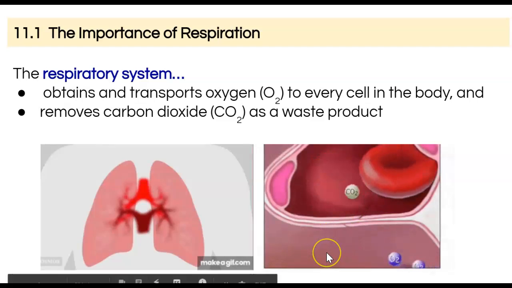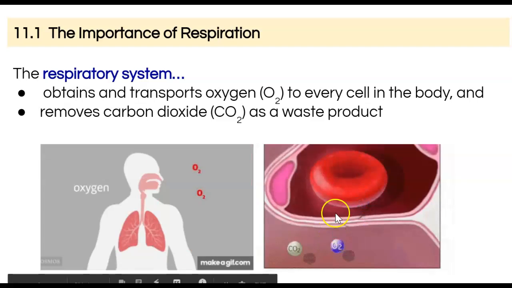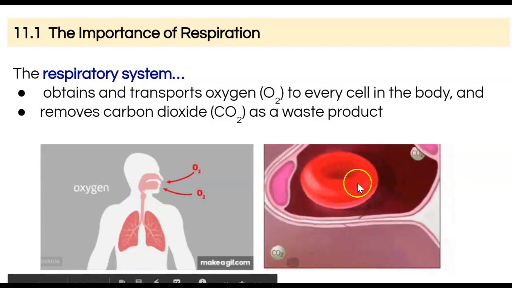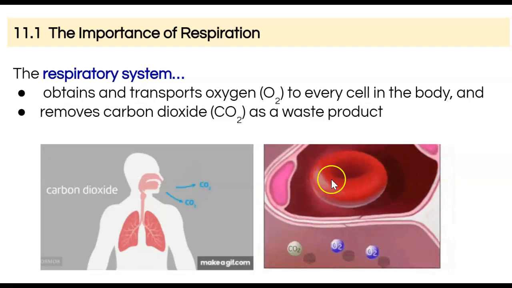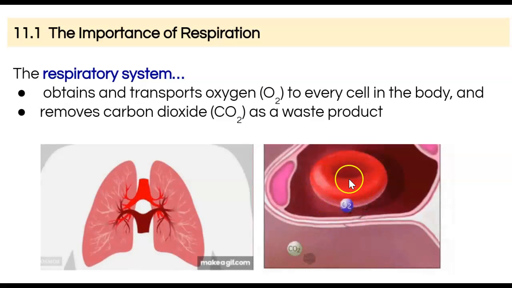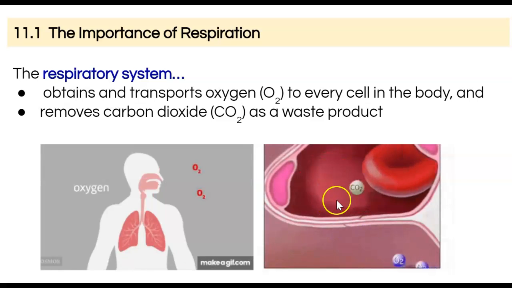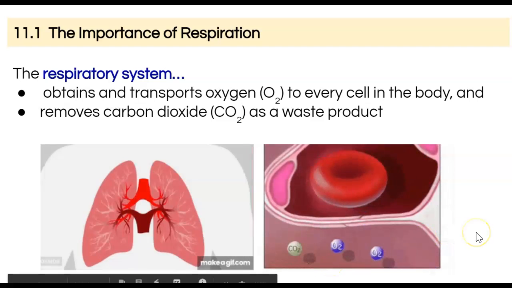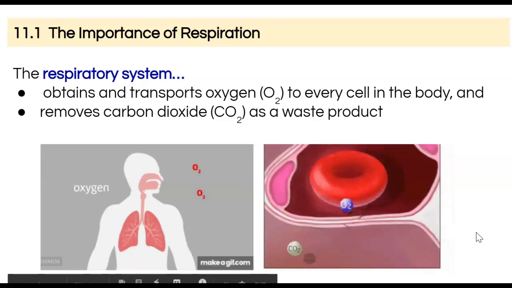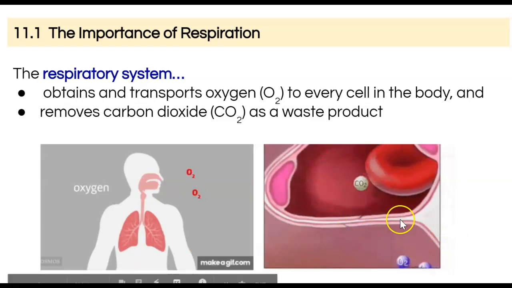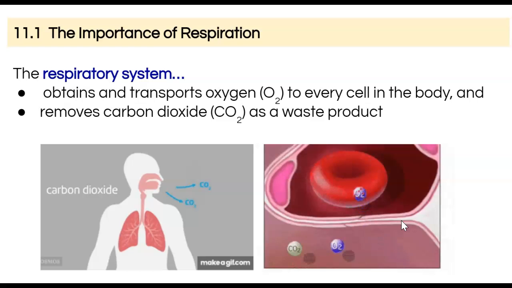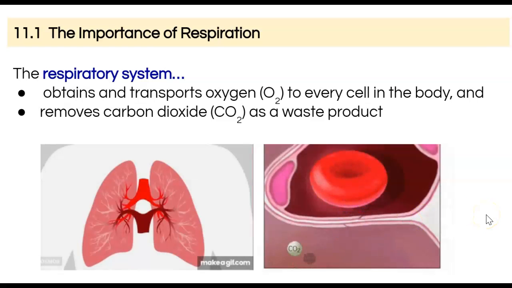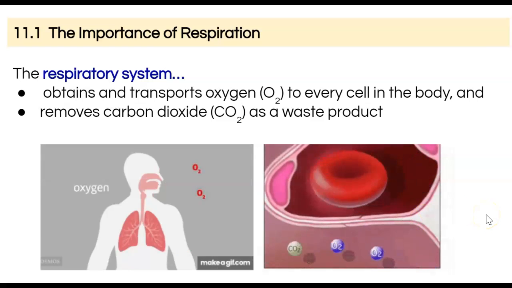And our oxygen is strongly attracted to the red blood cells, and our carbon dioxide, which is in high supply and high concentration on our red blood cells, is going to want to move out and out of our body through our respiratory system. And that's, of course, just again talking about the human respiratory system. But remember that respiratory surfaces in general are going to want to exchange those gases. And in fact, you'll be doing a worksheet today that will ask you to explore that a little bit more.